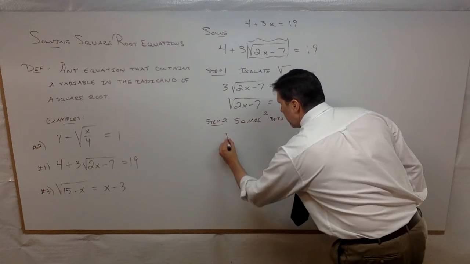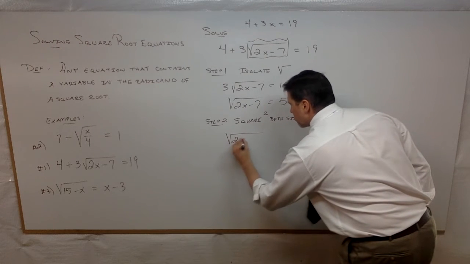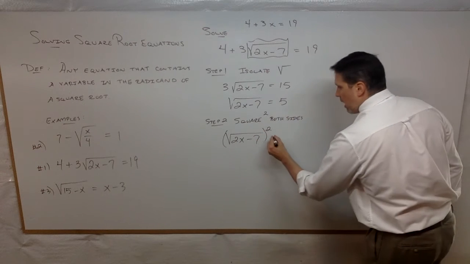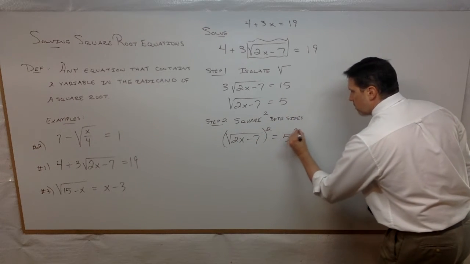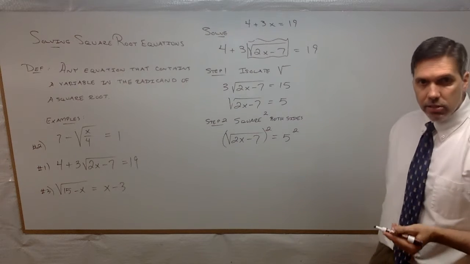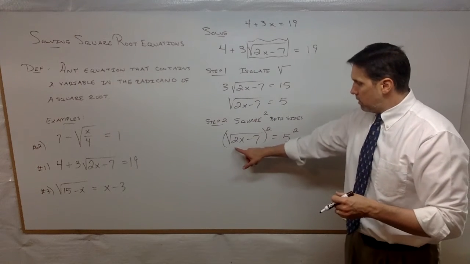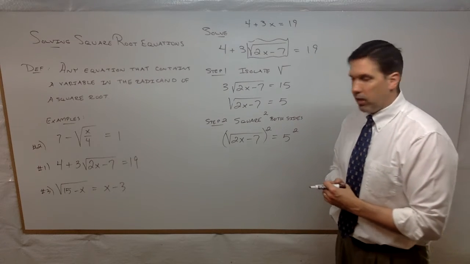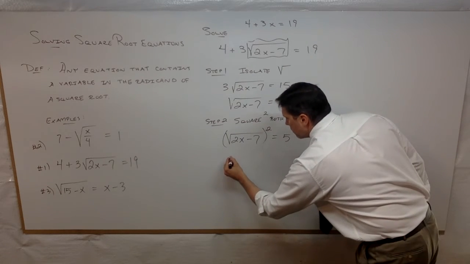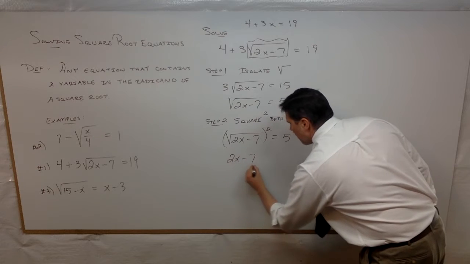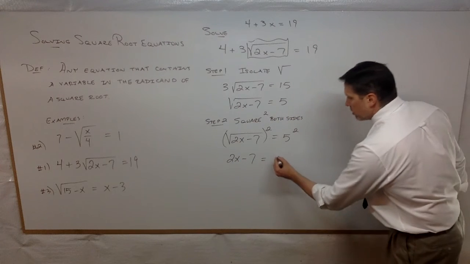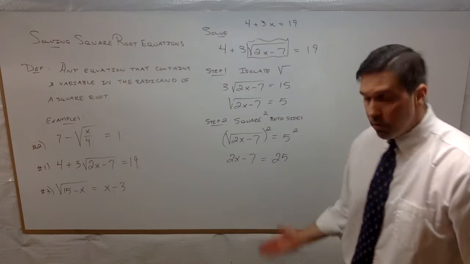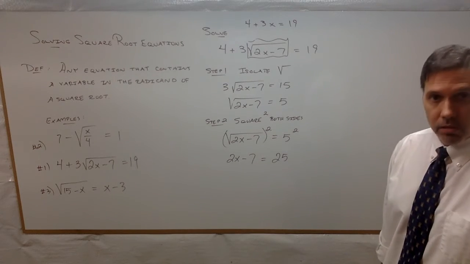So what we get is the square root of 2x minus 7, and we're going to take that to the second power, and just make sure you take 5, the right side, to that same power. So the idea is we're squaring a square root. We're just going to be left with the radicand. So we get the radicand, 2x minus 7, equals 5 squared, which is 25. The square and the square root cancel each other out, and you're left with a fairly simple equation.